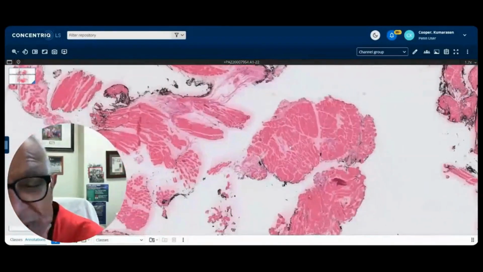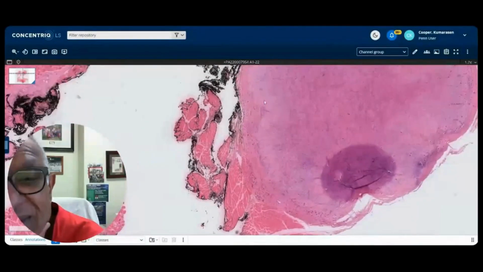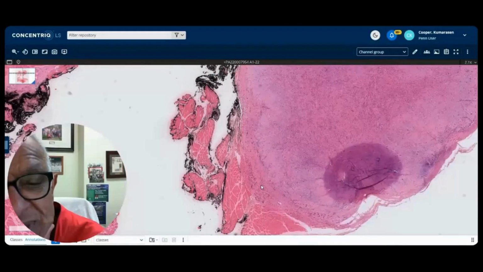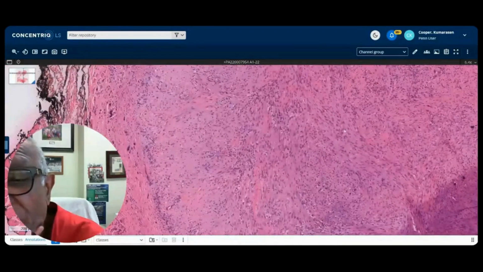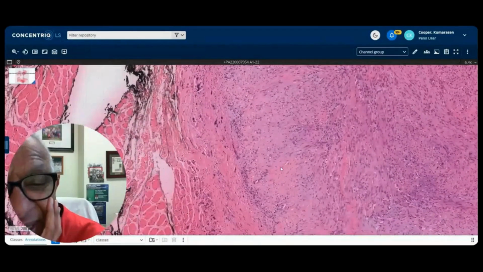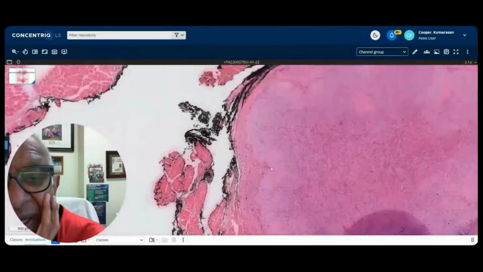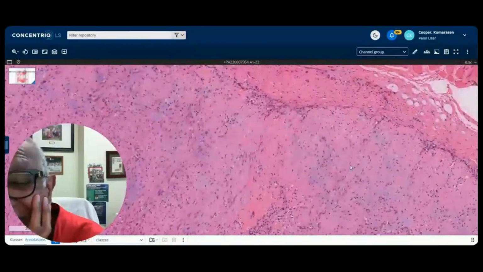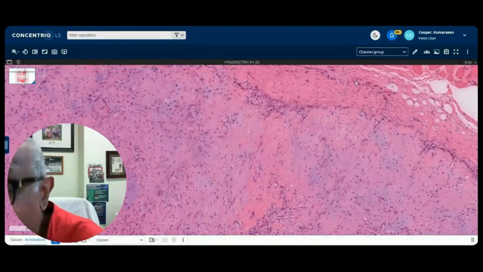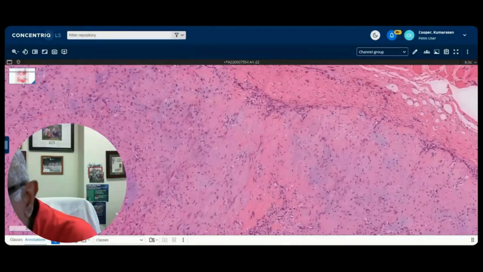You can see why it's decreasing because of the sclerosis in the periphery. There's fibrosis here. The central, more proliferative areas are not yet that sclerotic, but you can see that here it's starting to undergo the sclerosis. See that? Let's see if that gives you a sclerosing rhabdomyosarcoma.